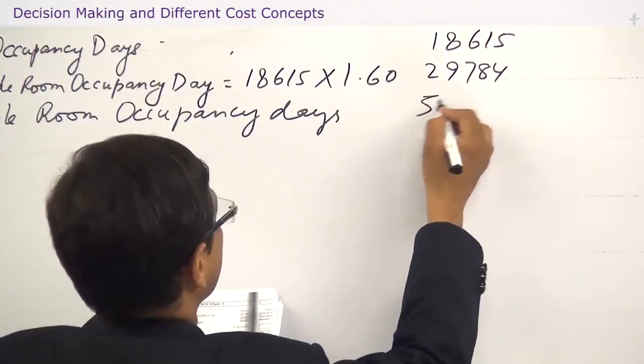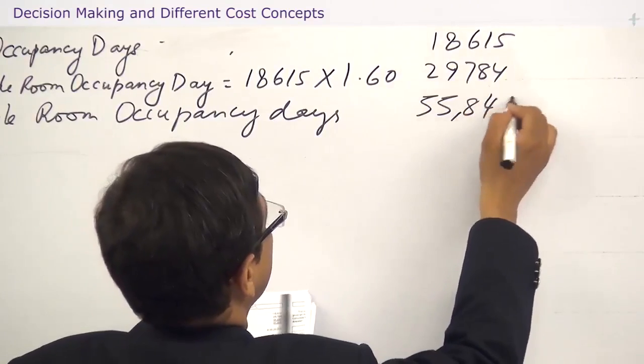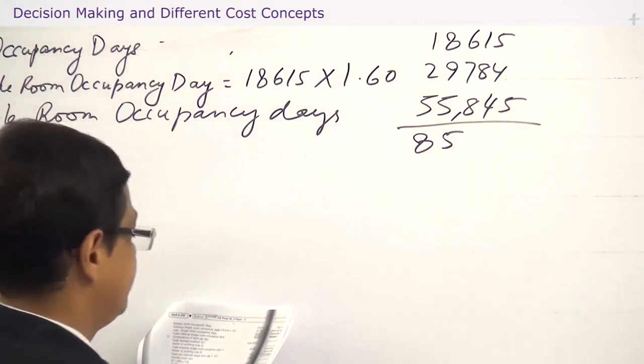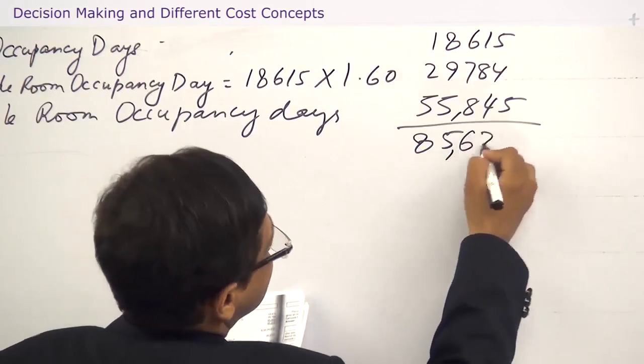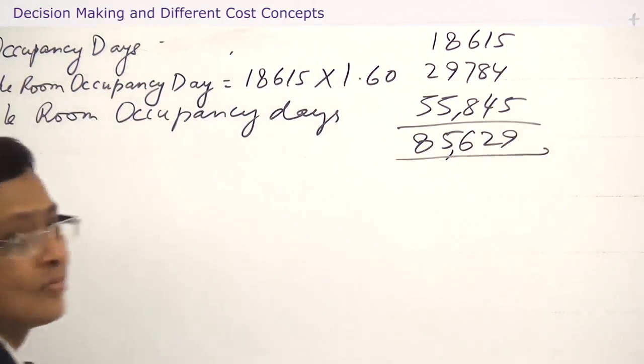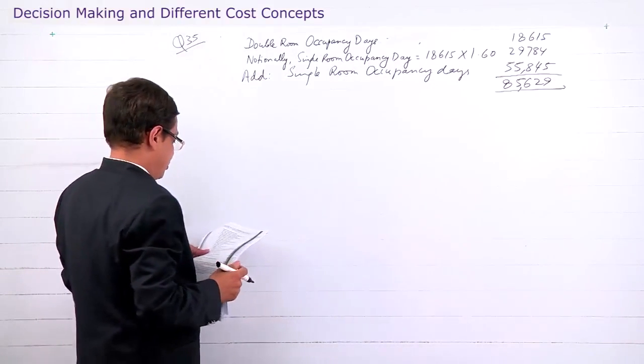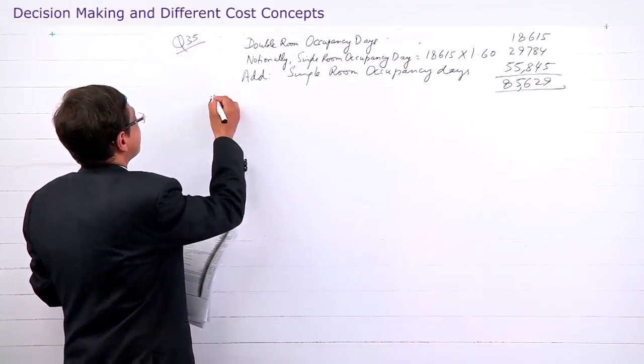This is 55,845. So if you total it, it comes 85,629 days. Right? Now computation of tariff per day.